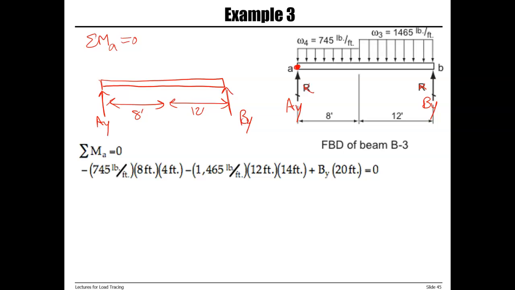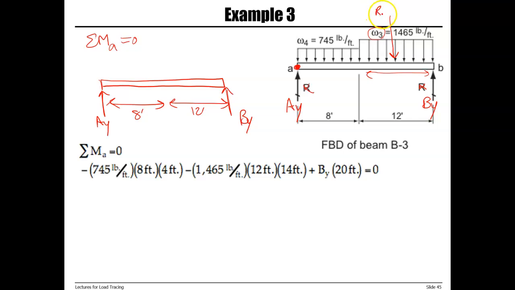And I'm going to replace the linear loads that we have with the resultant. So if you remember, we said that the resultant for a rectangular load is equal to load's magnitude times length.